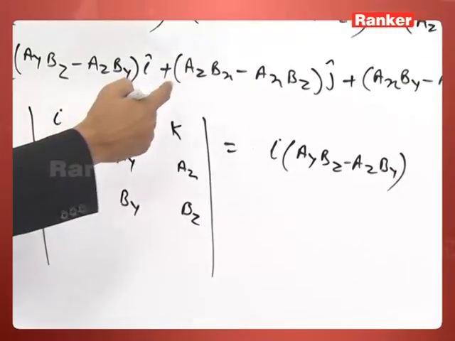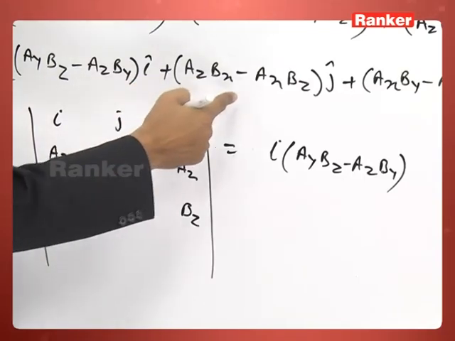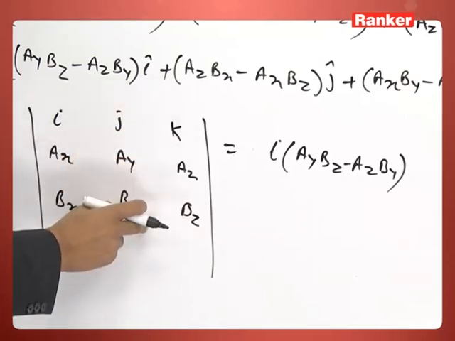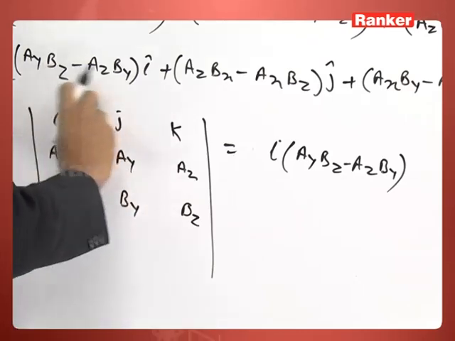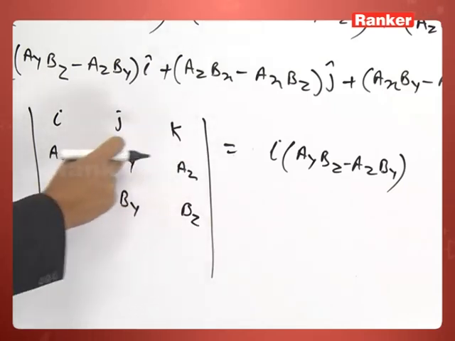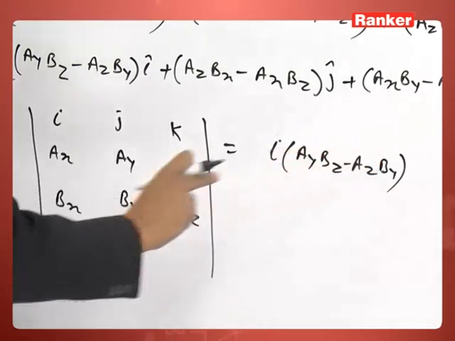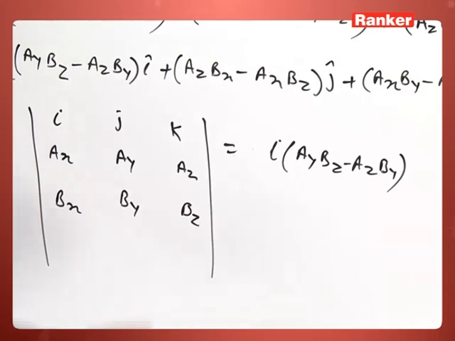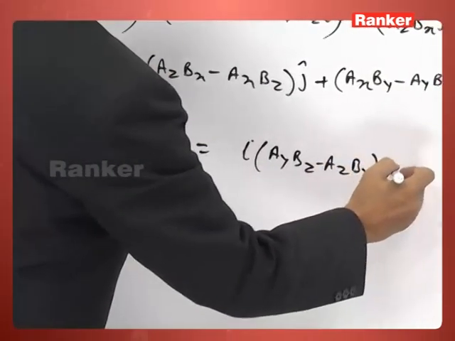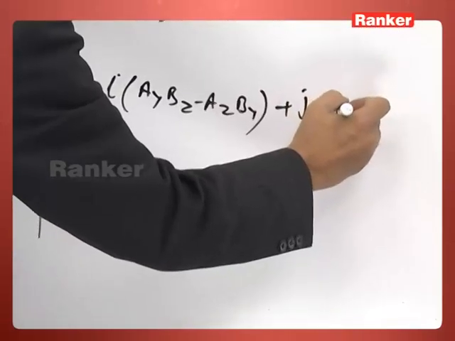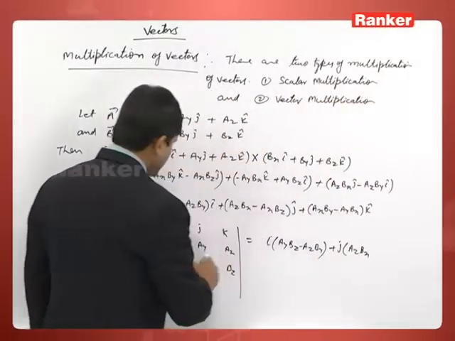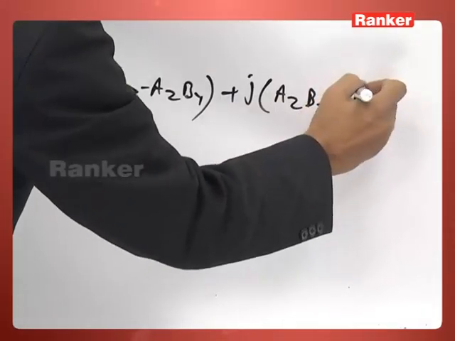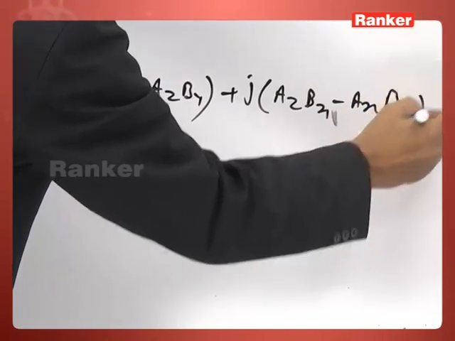Now come to the next, j. For j, leave this column and this row. Whatever is left, going in the same sequence, az bx minus ax bz, so plus j, az bx minus ax bz.